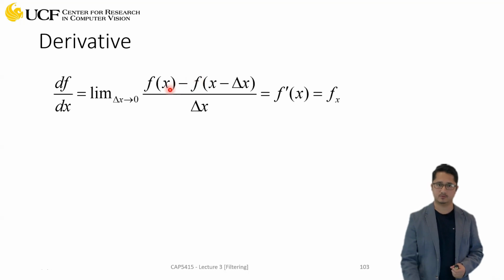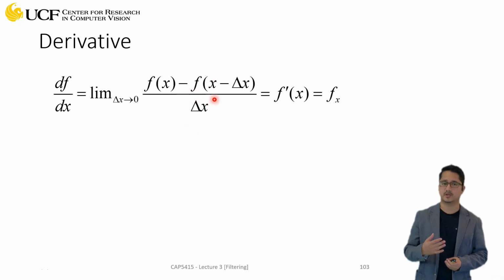f(x) will give you the value of this function at x, so x could be anything. Then you change this value of x by a very small amount, where the limit goes to 0, and again you observe the response of this function. Then you take the difference between these two, which says how much the function is changing over this very small interval, and you normalize that using this interval.